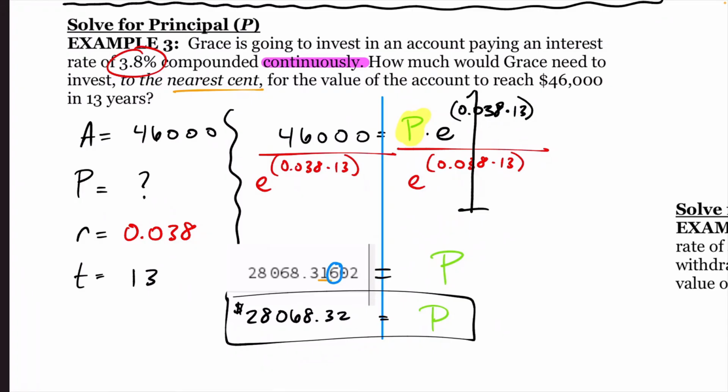Do I know how many times it's going to be compounded, or does it just say continuously? Start there. And then fill out all your A, P, R, if it's an N and a T, or if it's just an R and a T. Fill all that out. What does the problem actually say? It's right there.